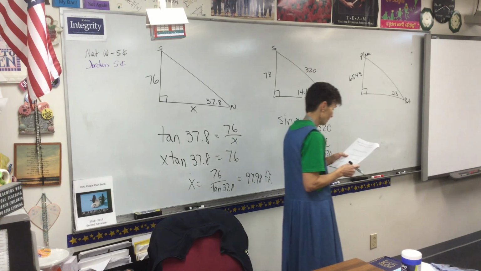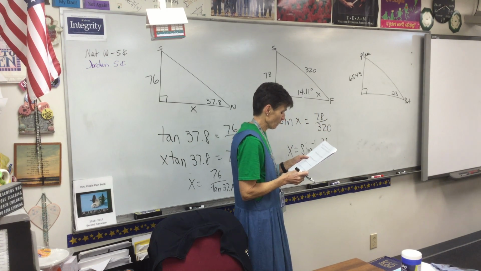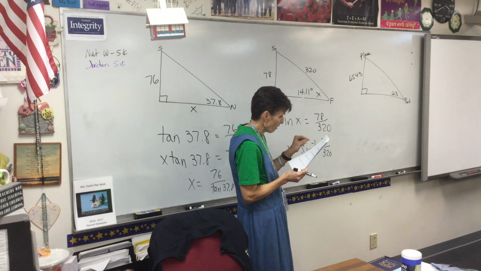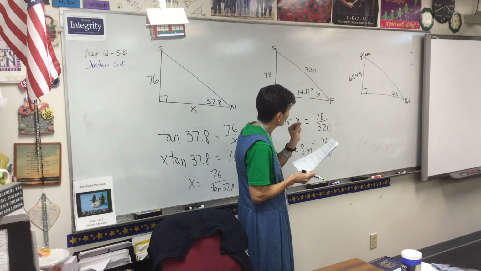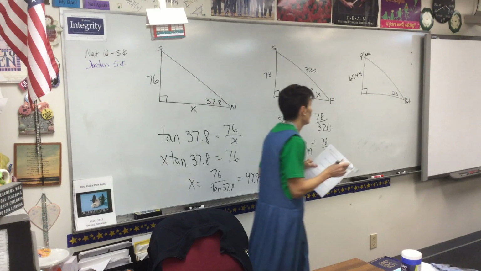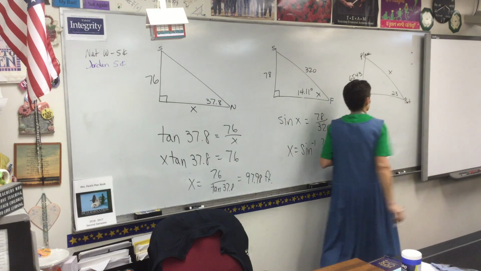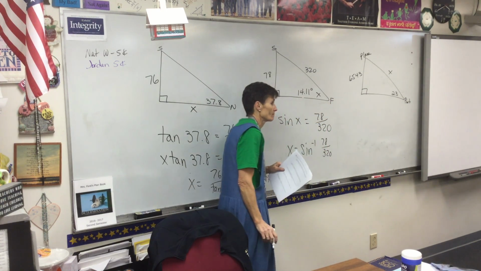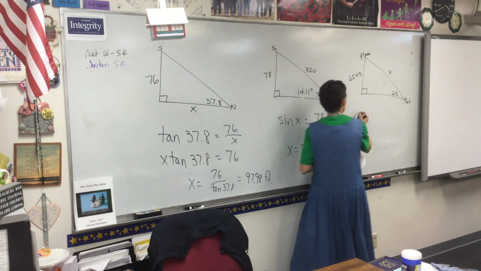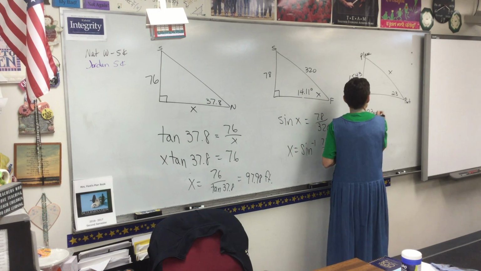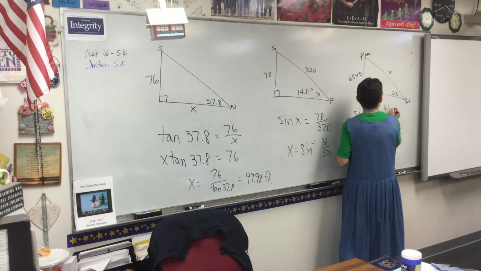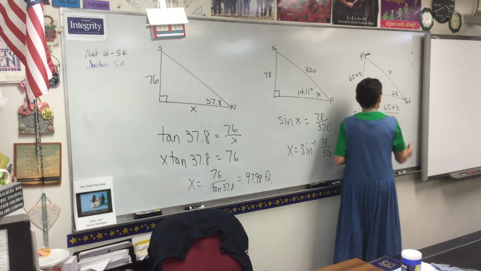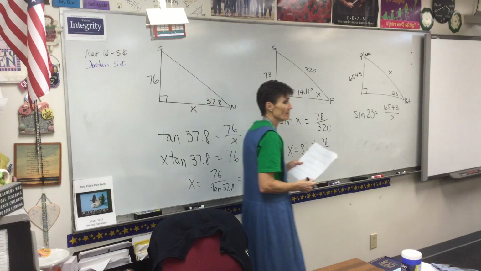Yep, that's your angle. What do I want to know? How far is the plane from the airport? I want to know the hypotenuse. It's going to be another sine question. So sine 23 equals 6543 over x. Everybody with me?